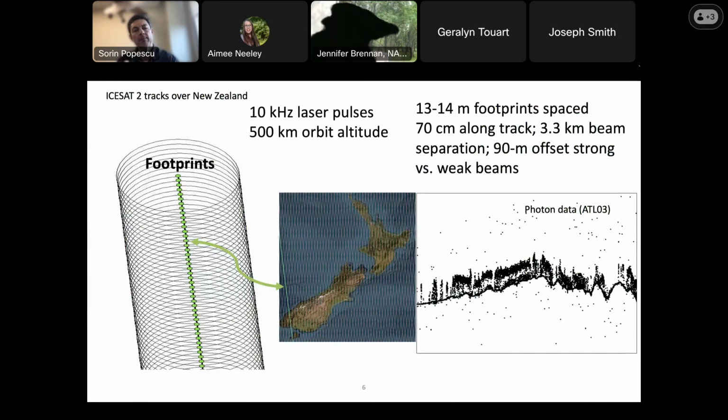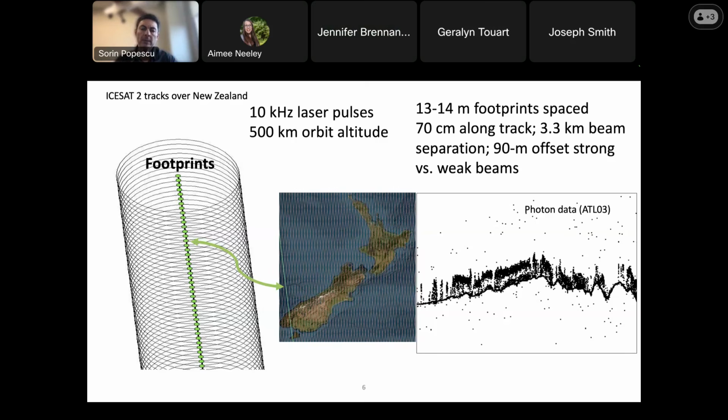So we have, along track, a profile of vegetation that is acquired by those photons. The diameter of every footprint is about 13-14 meters. So they collect photons from anywhere within this 14-meter footprint, and they are geolocated to the center of the footprint.